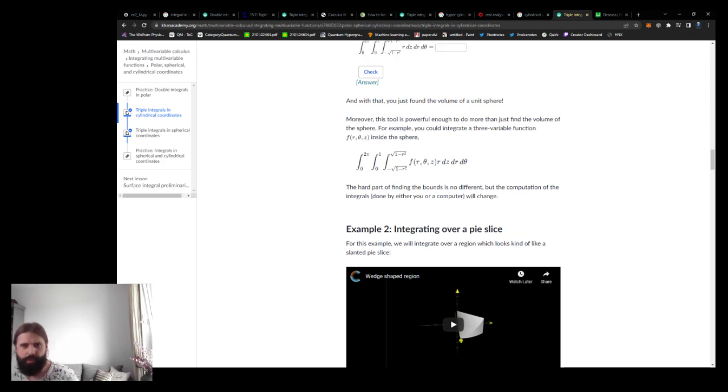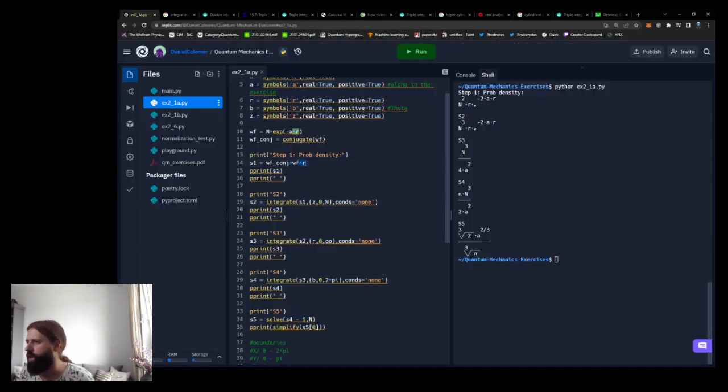This should be the right thing. That definitely should be the right thing. It's the function times R. Sure, that's correct. Then we do z, so we integrate across z, and z is between 0 and n.